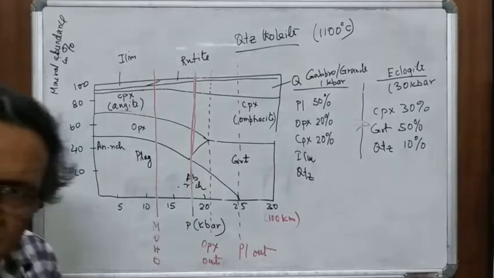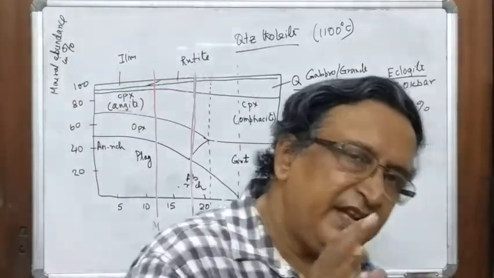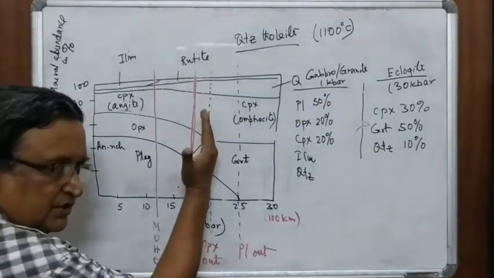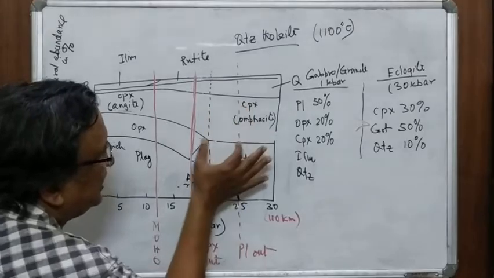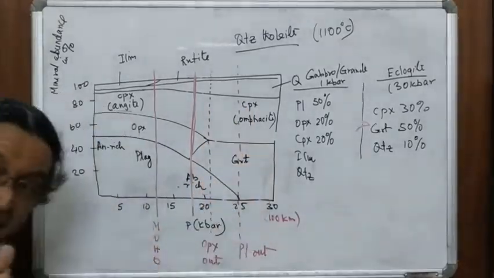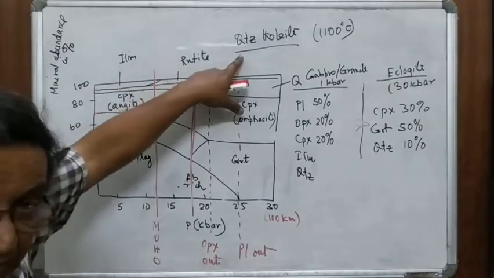So what this shows was a very, very important feature. This is granulite facies and this is eclogite facies. What is the difference? The difference is roughly about 5 kilobars for this composition.